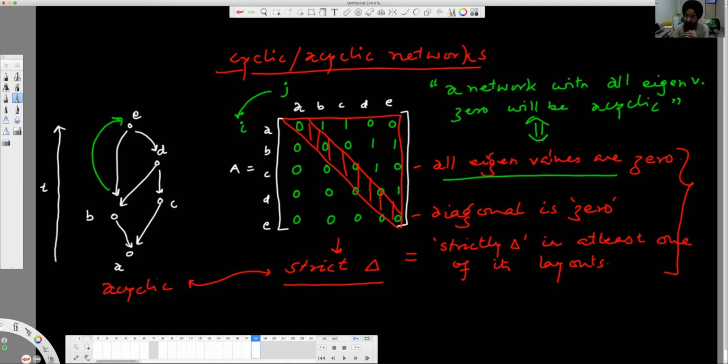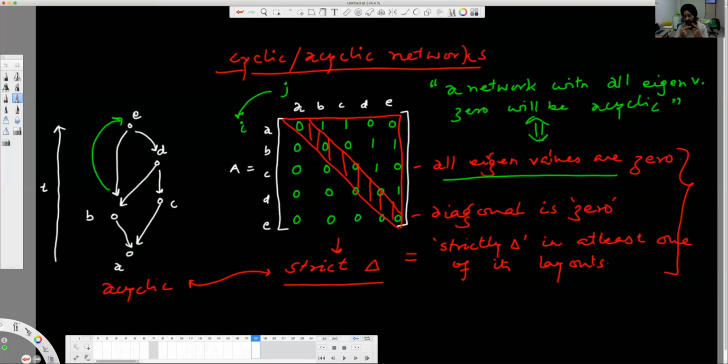It is not straightforward. Proving the first thing, that an acyclic network will have all eigenvalues 0, is straightforward. You have seen it here. However, the other way around will take time. We need to first find out the paths. We need to understand how to identify paths here, then count the paths, and then count the cycles.